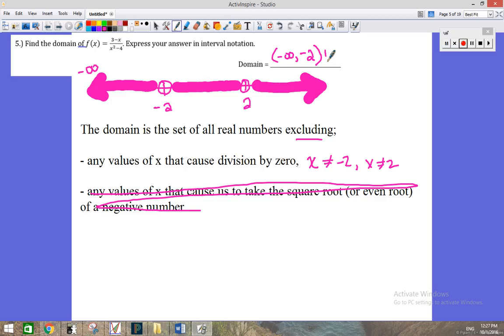And then we have a union, because we have a break, and it's either this interval from negative 2 to positive 2, or because of this break, we have a union, and then we go 2 to infinity, because the other arrow is shaded, and that's indicating it's going on to the right forever. So there's the domain for number 5.